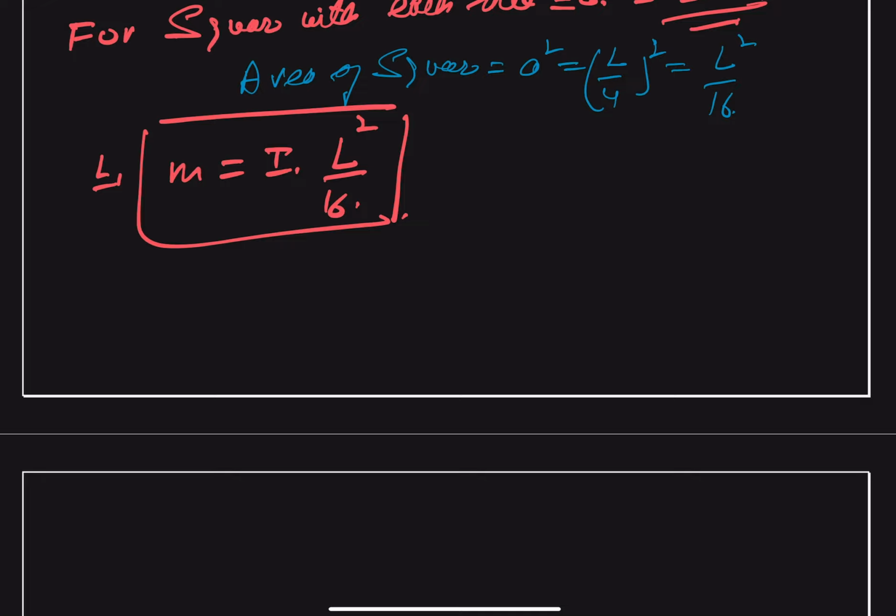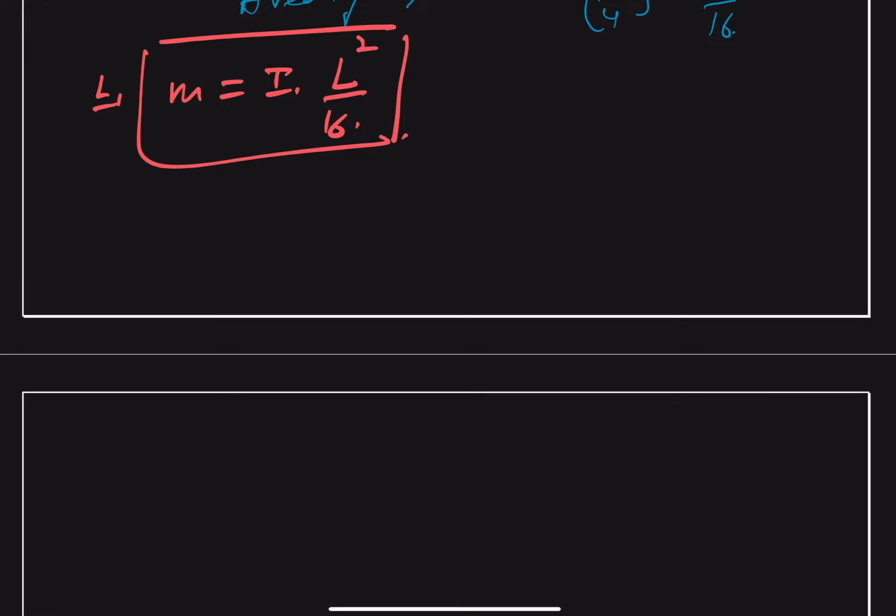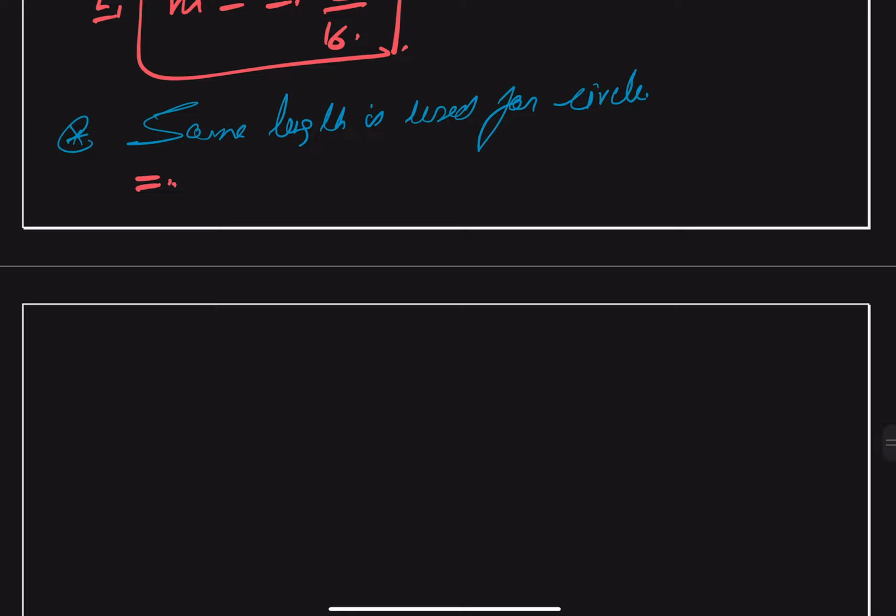And same length is used for the circle. Therefore, we can write use a circle of radius R. Therefore, we can write our L is equal to 2 pi R. From here, our radius is equal to L upon 2 pi.